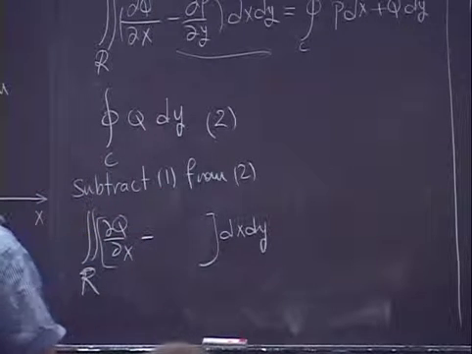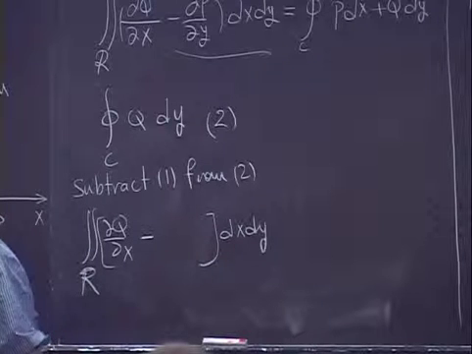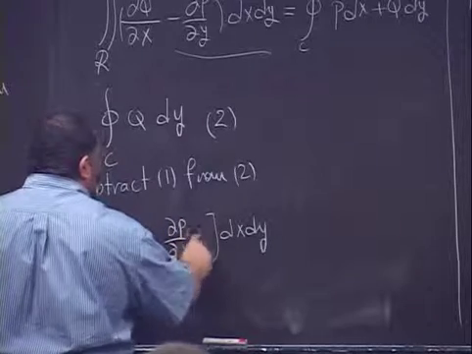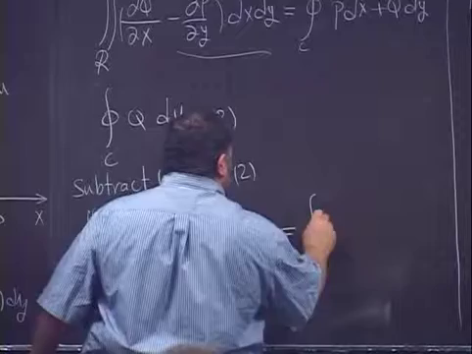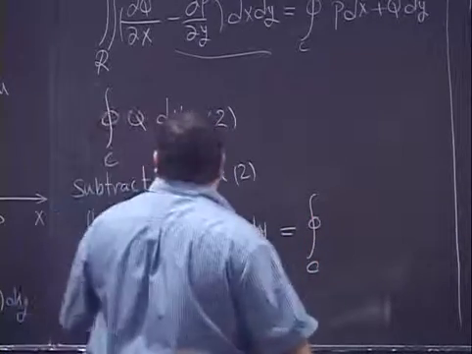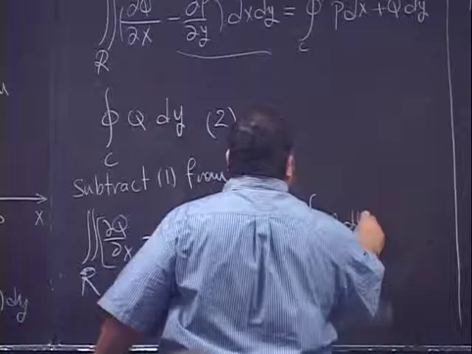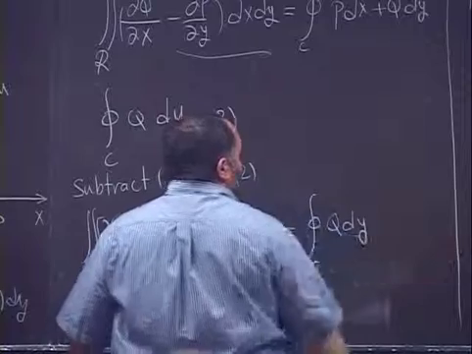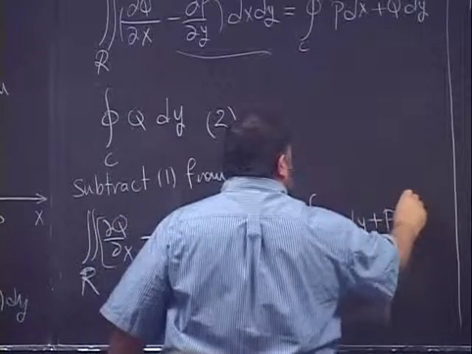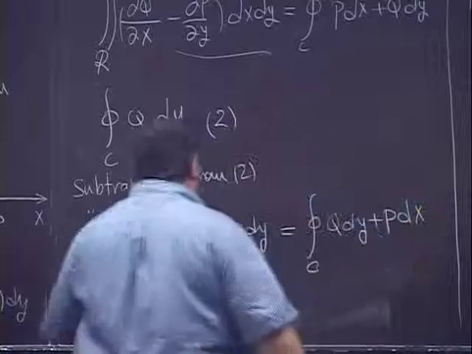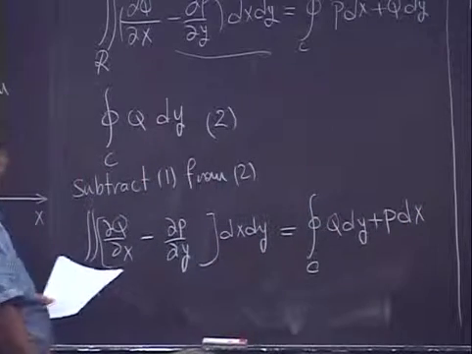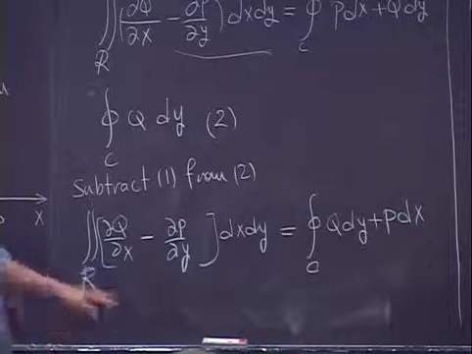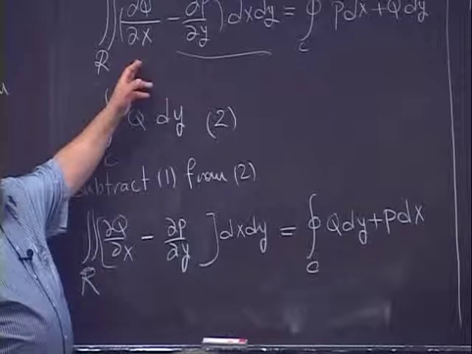So what's the other one? dp by dy dx dy, and this will be equal to the contour integration. So this will give me Q dy and minus P dx. I will multiply by minus sign again, so this will change to plus P dx. So this is the proof of this one.